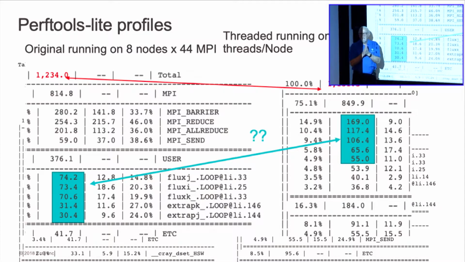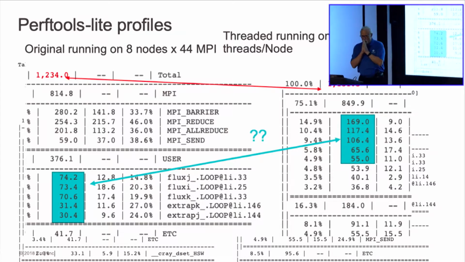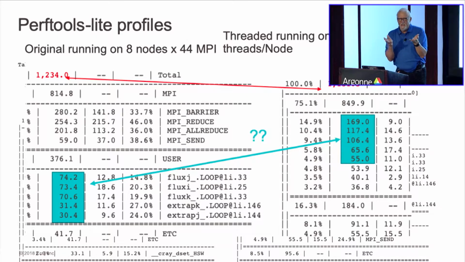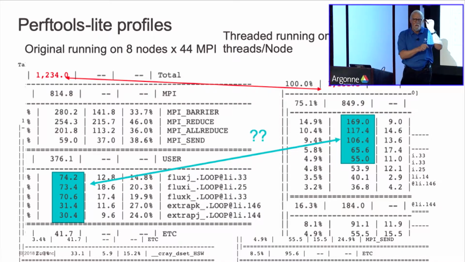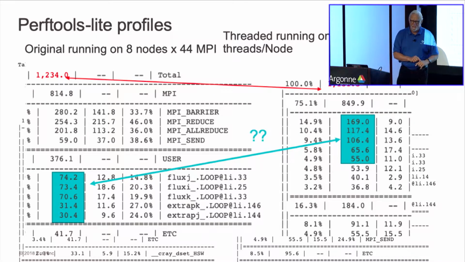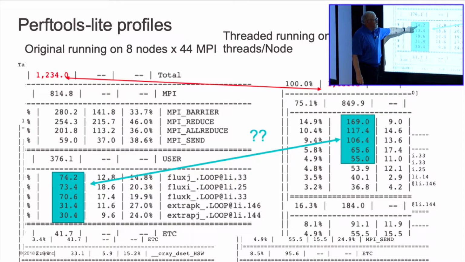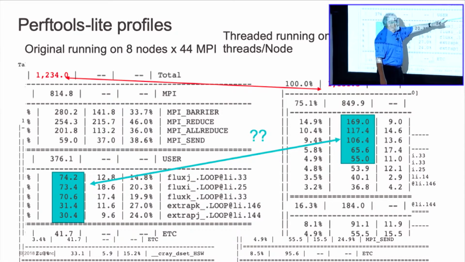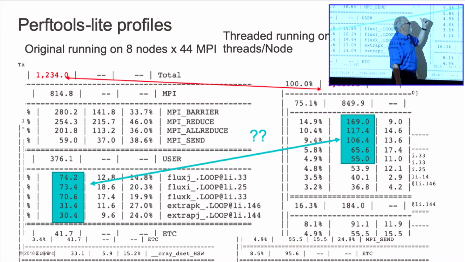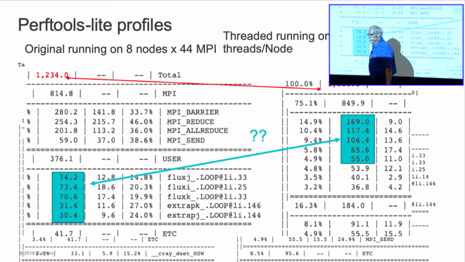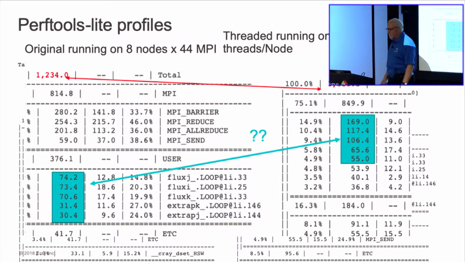This is the kind of thing you really want to do when you use OpenMP: compare it to the MPI on a routine by routine basis. Now, this FluxJ loop is running twice as fast with MPI than it is with OpenMP. Any ideas why?